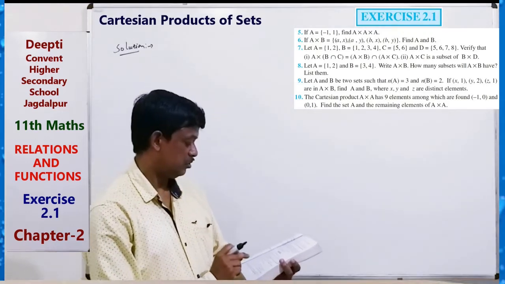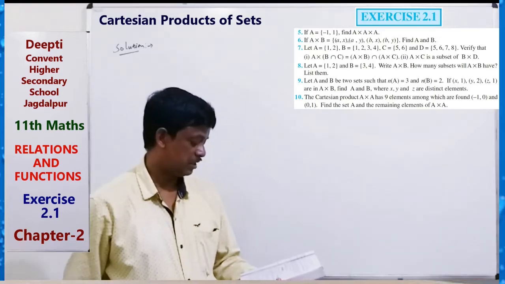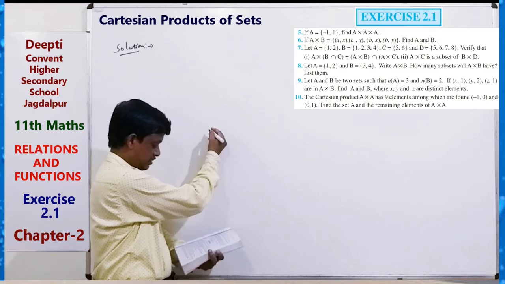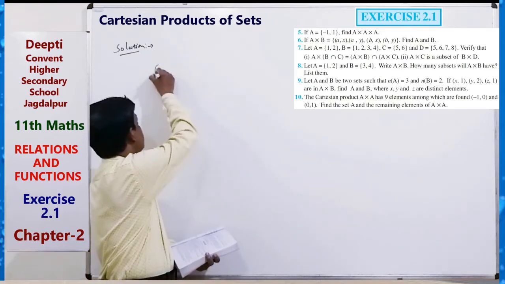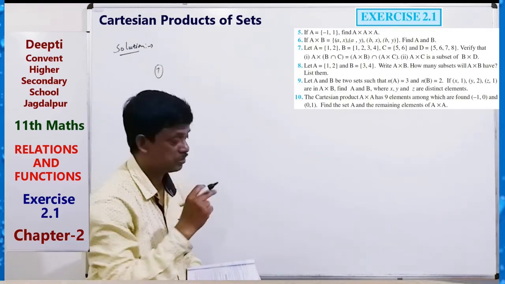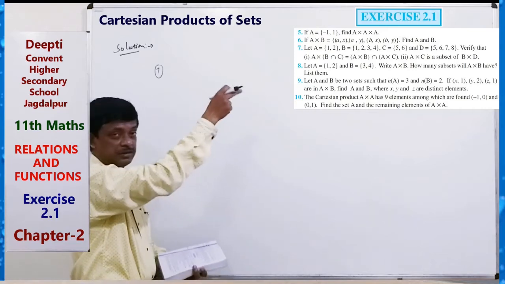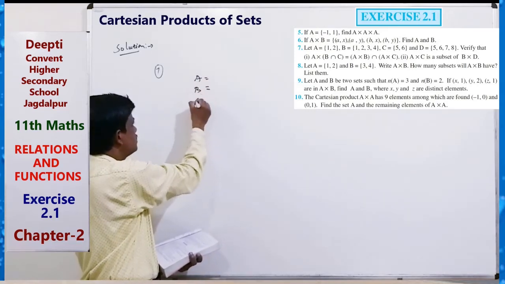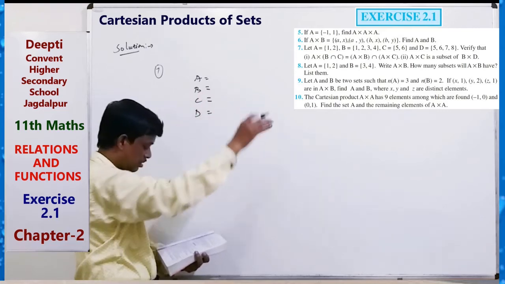Verify the two relations. First, we have to verify what? See, A is given, B is given, C is given, D is given, all are given.